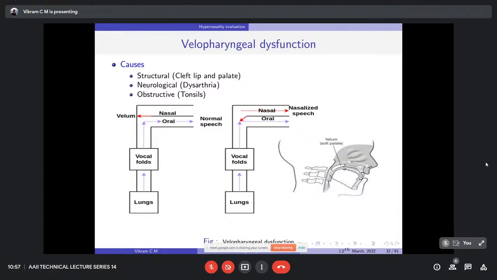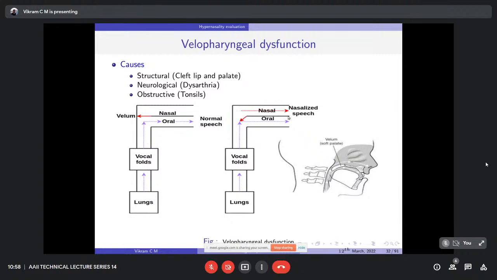Generally, whenever we speak, the nasal part should be separated from our oral tract, except for some sounds. Suppose while producing sounds like na and ma, that is nasal sounds, during those sound productions only, this soft palate closes the oral tract and opens the nasal tract. But the rest of the time, this soft palate always closes the nasal tract. So whenever this soft palate is not working properly, acoustic energy will escape through the nose.